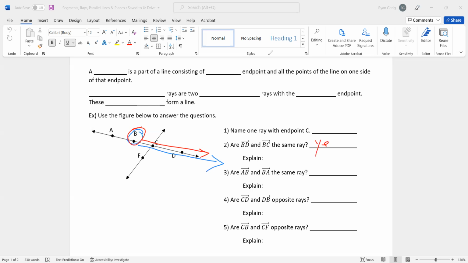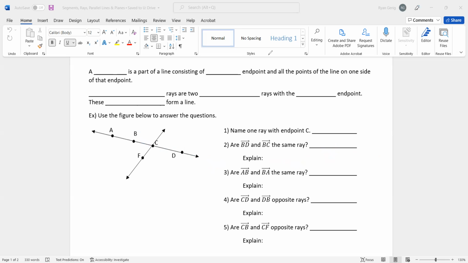Yes, they are. Why? They have the same endpoint and go in the same direction. So they are the same ray here.